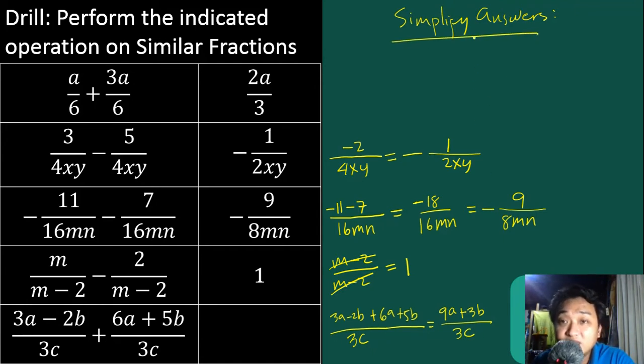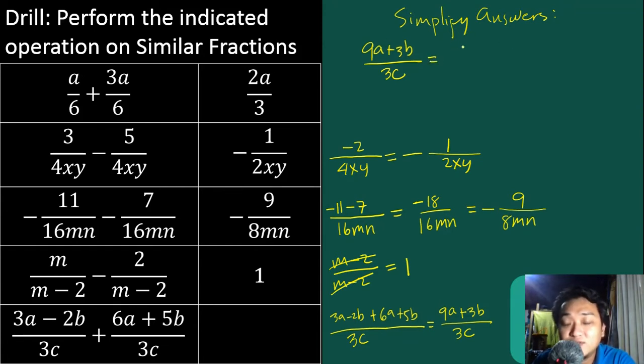Kailangan i-simplify natin lagi yung answers. Titingnan natin lagi kung meron tayong mga common factor sa numerator at saka sa denominator. So we'll try to write it here na lang, 9a plus 3b over 3c. So what is the common factor in the numerator?